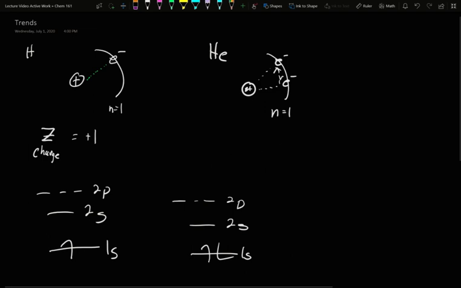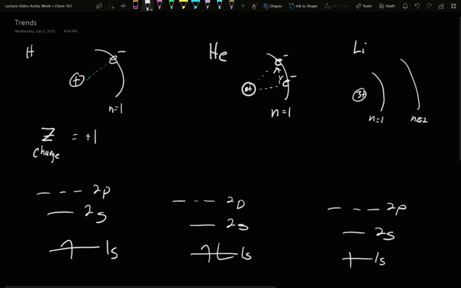Problem is, what happens when you get to lithium? Lithium is a 3 plus. It's got its n equals 1, but it also has n equals 2 electrons. 1s, 2s, 2p, 1, 2, 3.